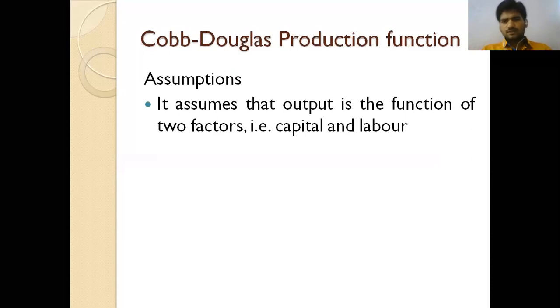Generally, if we manufacture any product in the production system, we have an output function, and it is based upon two factors: one is capital, another is labor. That is the input, the raw material and the labor. Those are the two assumptions.